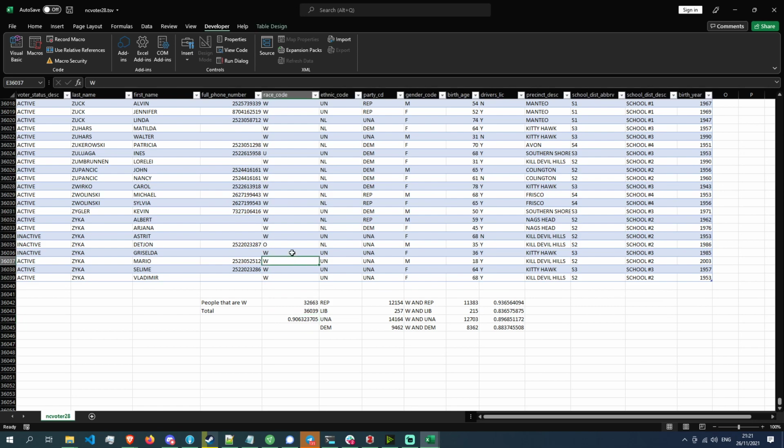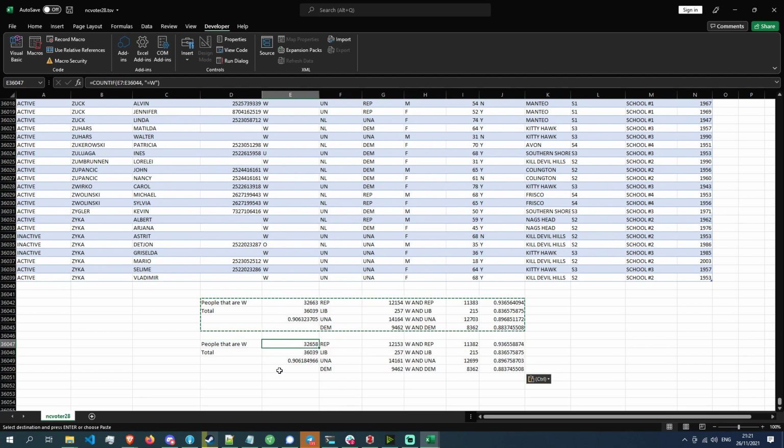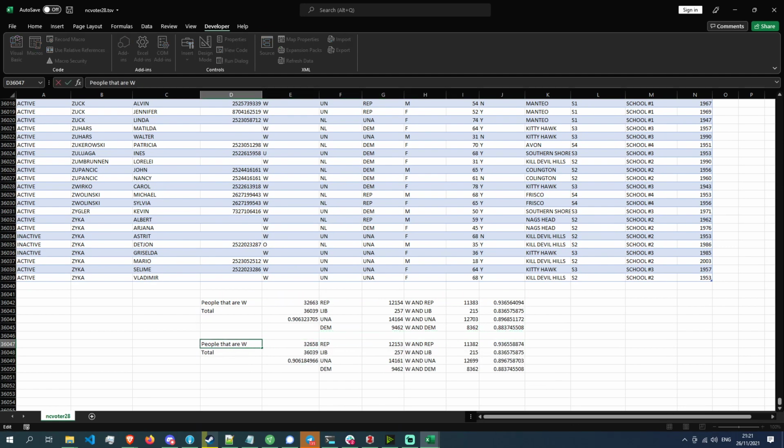Let's see how those statistics work for people that are black. Okay, so let's go to this. And we'll just go with black. 1.7% of the population is black.